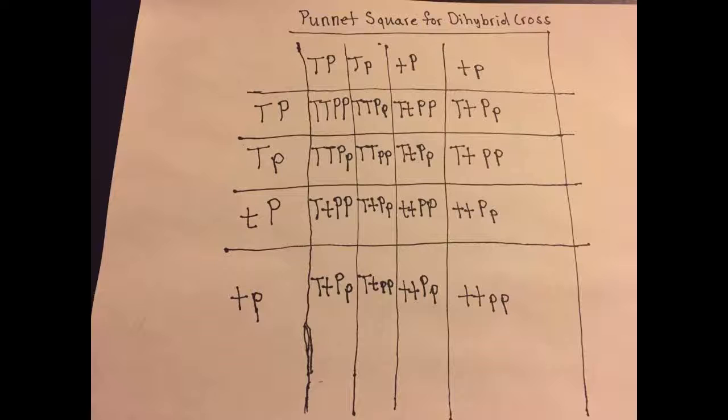So now that we have our Punnett square filled out, we'll now move into the phenotypic and genotypic ratios for this problem.